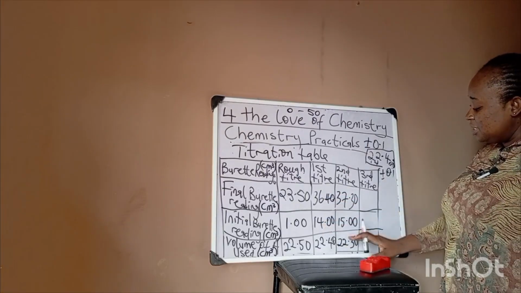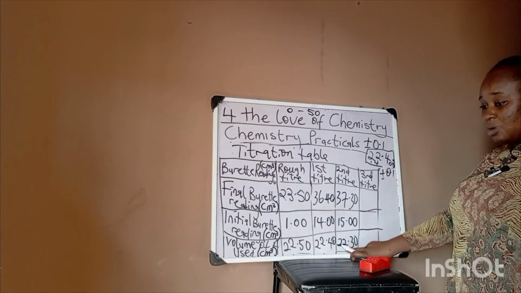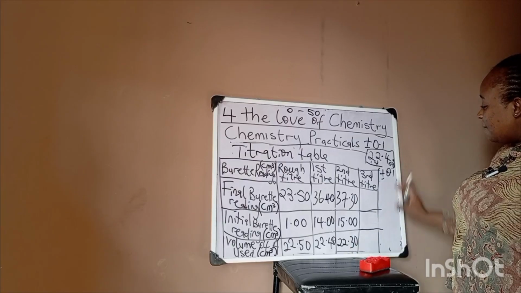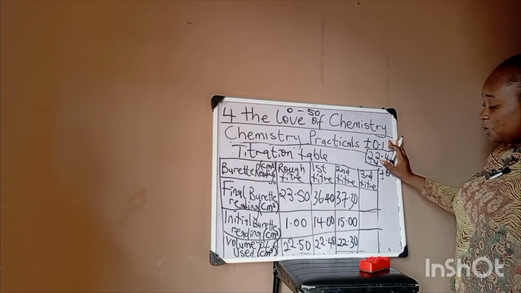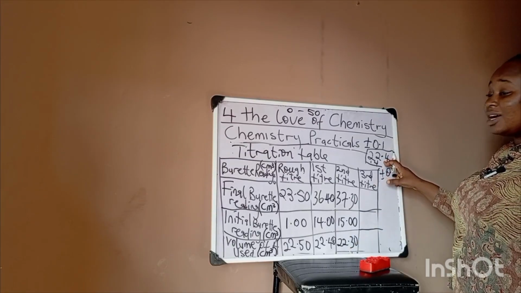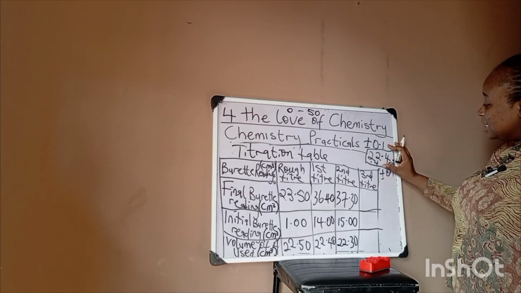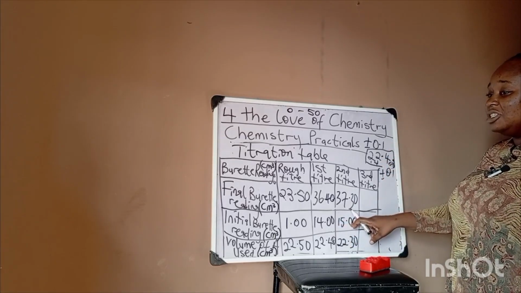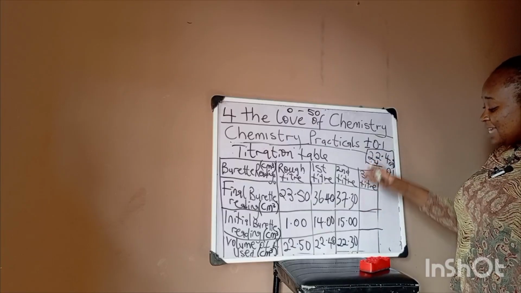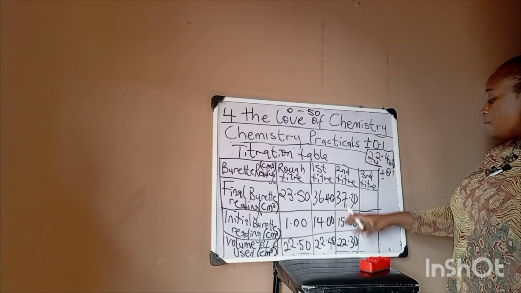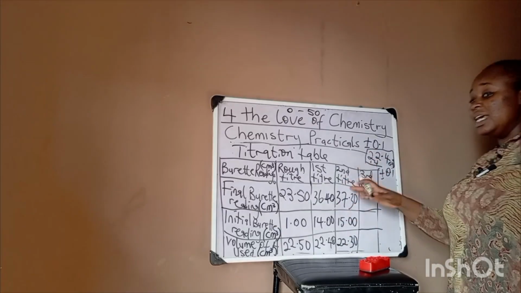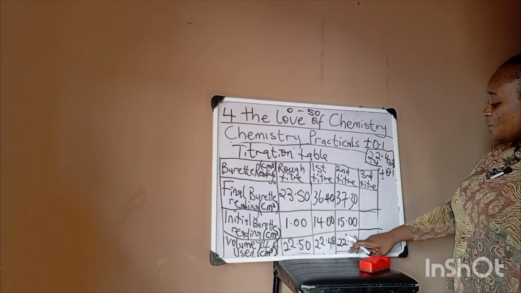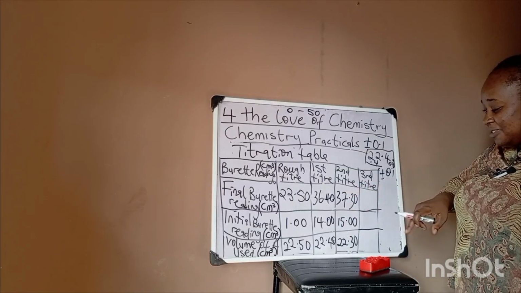So that's what we did here. We first chose the volume of acid we want to use by checking plus or minus 0.1. In this case, we subtracted 0.1 from the teacher's titre value. We wrote it, then chose an initial burette reading that, when you add it to this, will give you something less than 50. We wrote it, and then we added the two to get this.